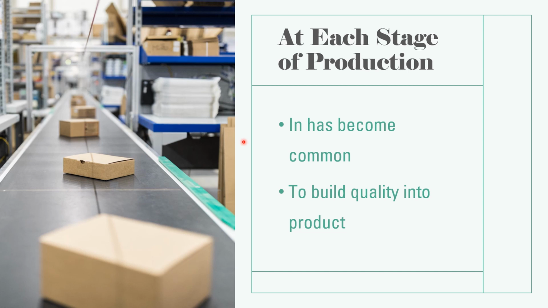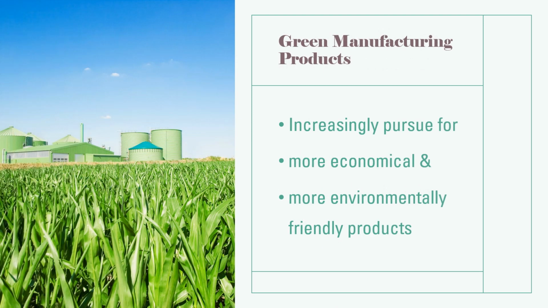It has become very common to build quality. It means that we're adding value at each stage of production into the product. This one is what we're trying to do every day. So that's green manufacturing, like bringing the manufacturing system to net zero, a company mission.